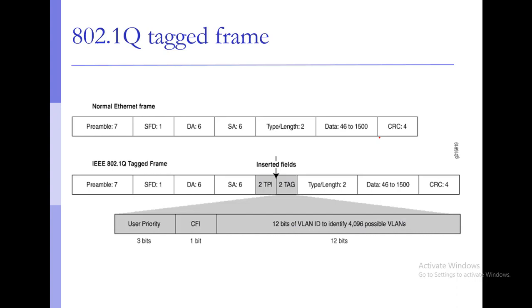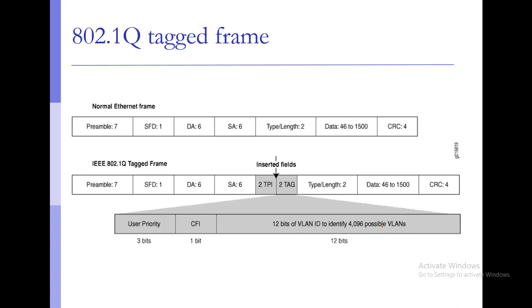So this is the frame structure for the IEEE standard 802.1Q. You can see that there are two major fields, TPID and TCI, and this tag is basically showing the 12 bits of VLAN ID.